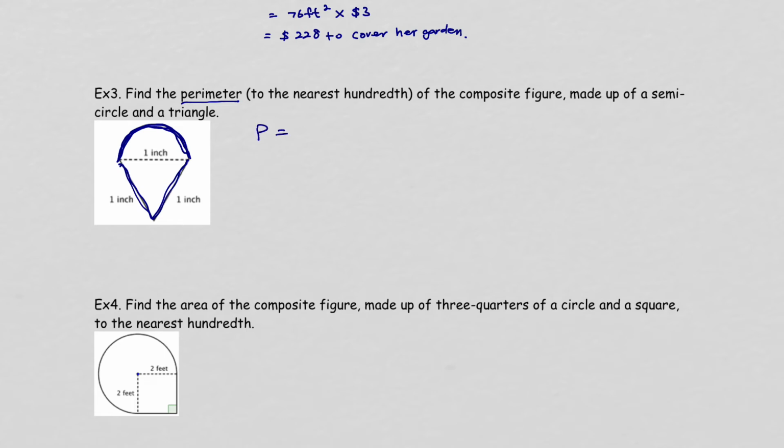So the half circle plus that length, right? So the half circle is 1 over 2 pi d, because its diameter is given, right? And then plus this side will be 1 plus 1. Your diameter is 1.